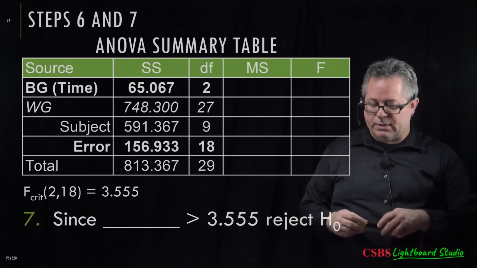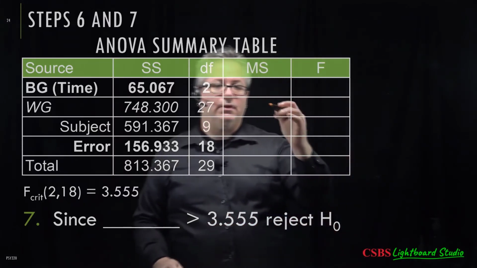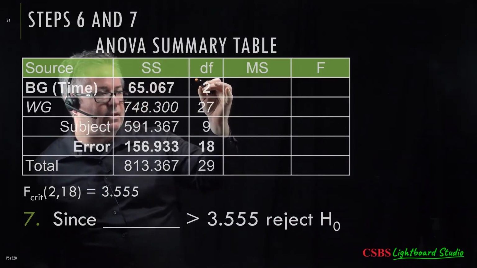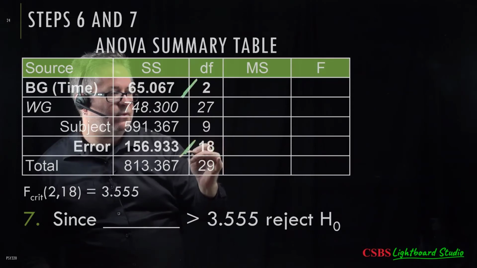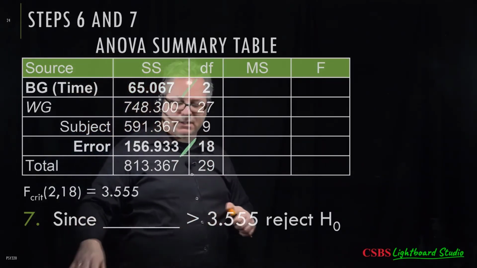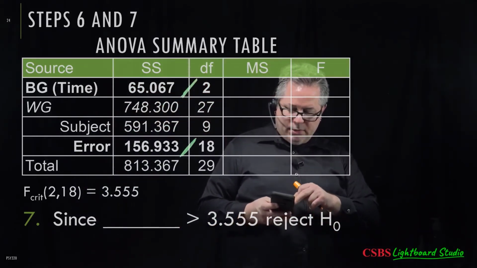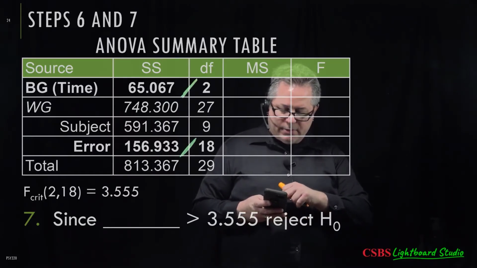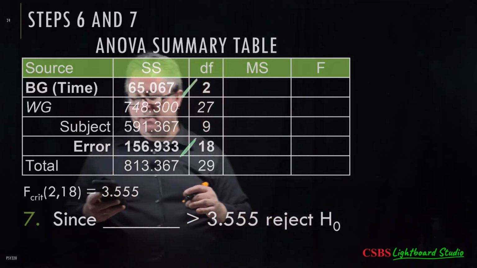All right, so let's go through and at least fill these out. Remember, to get mean squares, I'm going to be dividing this way. 65.067 divided by 2 equals 32.534.